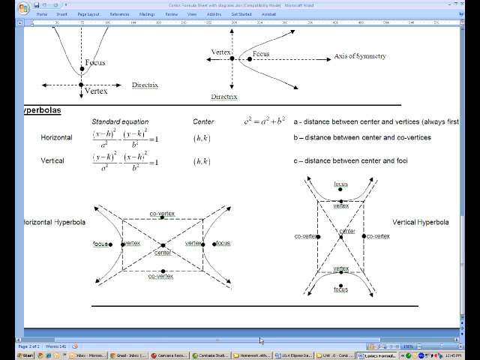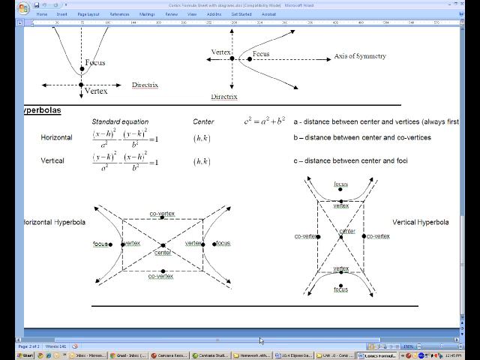Look at the graph. Talk to me about some differences on the graph. The center has 2 lines running through it. What do you think those act as? Those are going to act as our asymptotes.